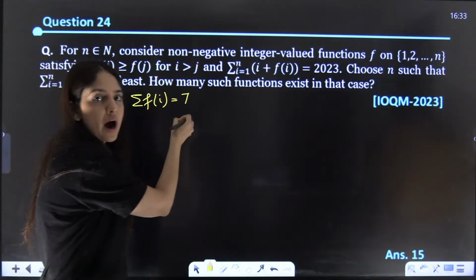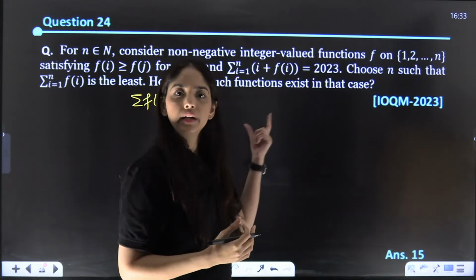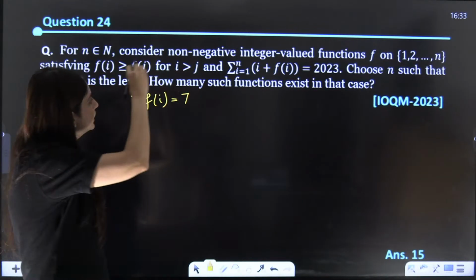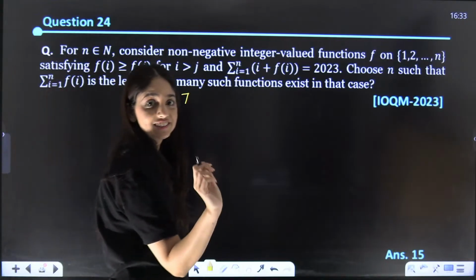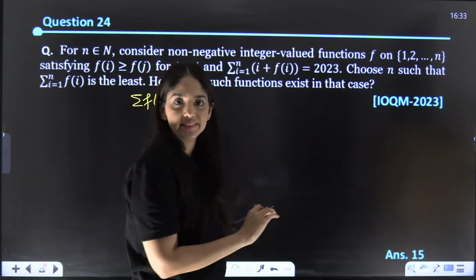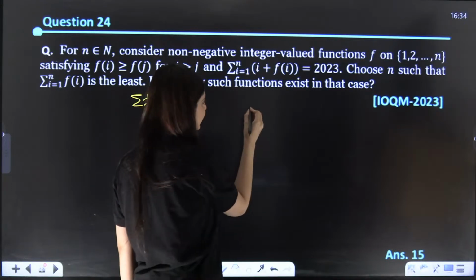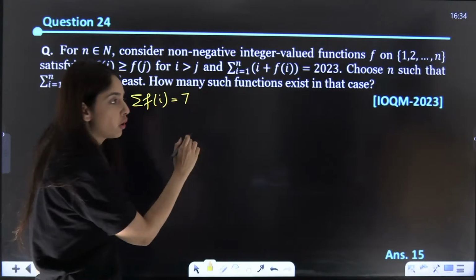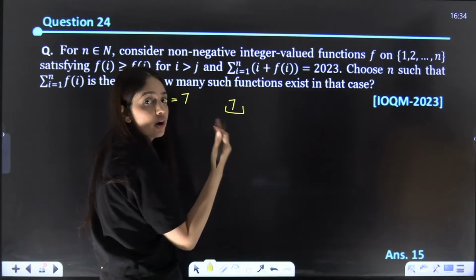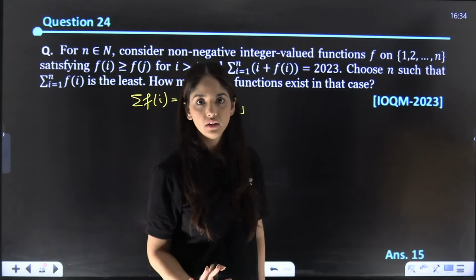We need to partition this into integers such that the function, as someone said, is non-decreasing. It either stays the same or increases, right? So if we go in the reverse order, then the highest number can be 7 or 6 or 5 up to 1.